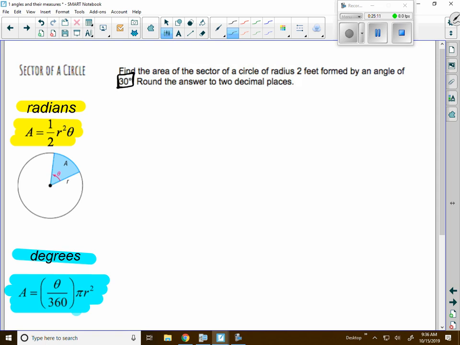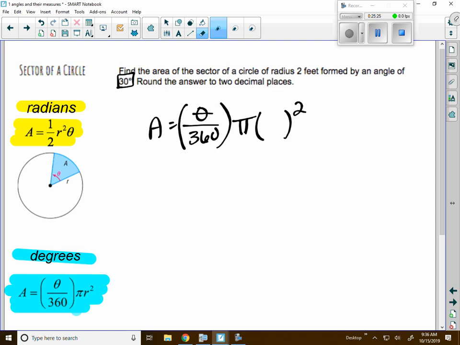So I'm going to use the degree formula. Oops, I forgot to put in my theta. What am I plugging in for theta? What's my angle? 30. What's my radius? 2.